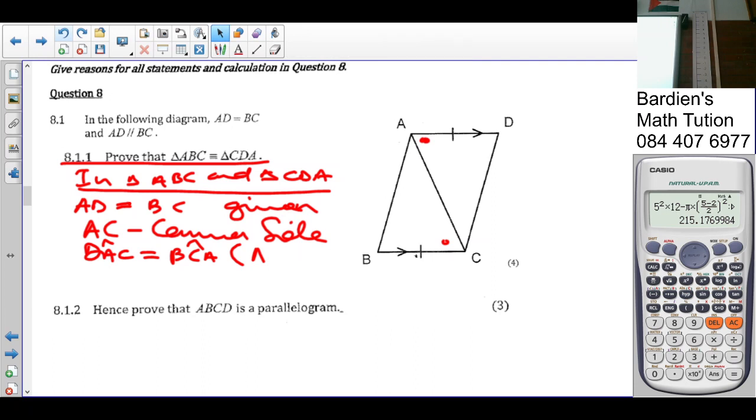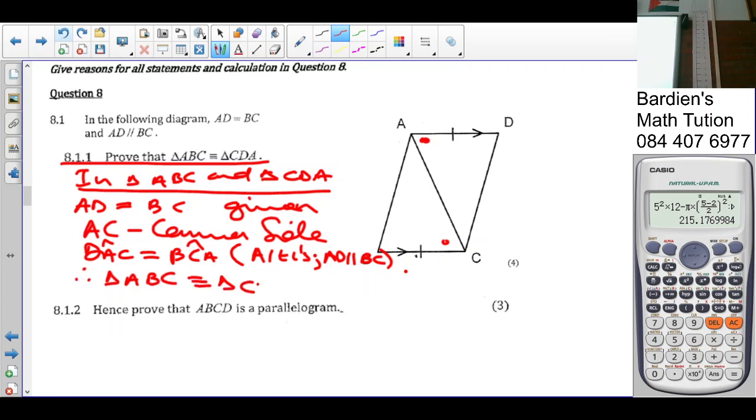Alternate angles are equal with AD being parallel to BC. Is that enough to conclude congruency? Yes. So therefore triangle ABC is congruent to triangle CDA. Why? Side, angle, side.